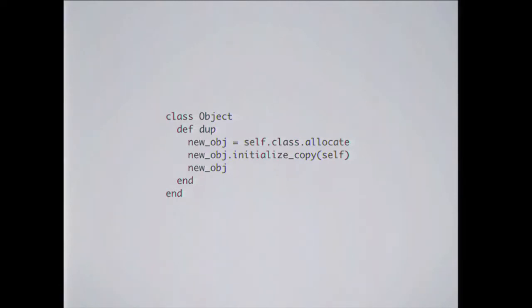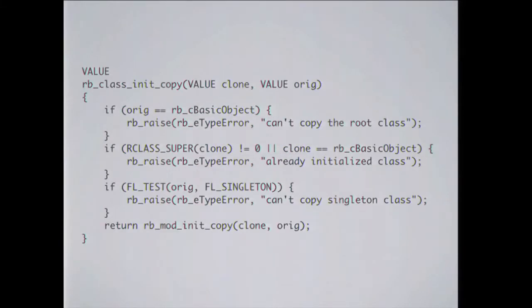So I looked at this and I thought that the code that is copying over the ancestry must be in initialize_copy. So I looked at the C code behind Class#initialize_copy, and this is it. It's pretty easy to understand. It's pretty high level. It'll raise an exception if you're trying to duplicate BasicObject. It'll raise an exception if you're trying to initialize a class that has already been initialized.